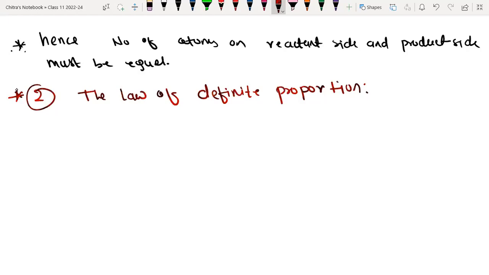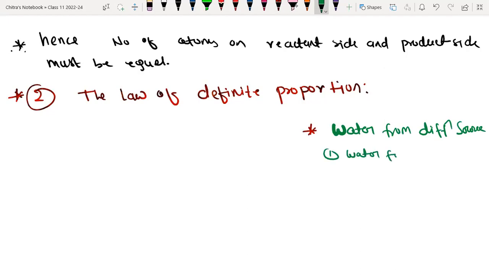First we have to understand the example and then we will write the statement for that. Suppose we have water from different sources. First we have water from the laboratory. Suppose in any chemical reaction we got water, so we have collected it and we have to observe that.